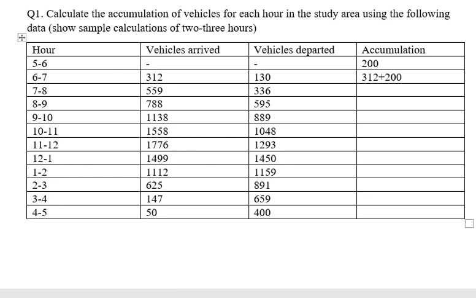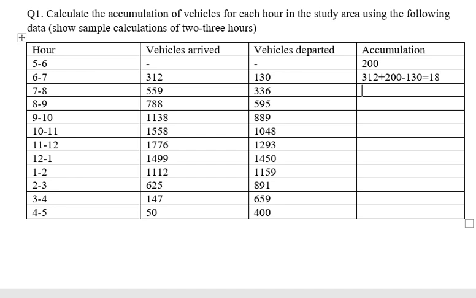Consider the previous one. Then subtract 130 which departed during this time interval, so they are no longer in the area. So this will be 330 minus 312, so 18. So 18 vehicles in the area right now.